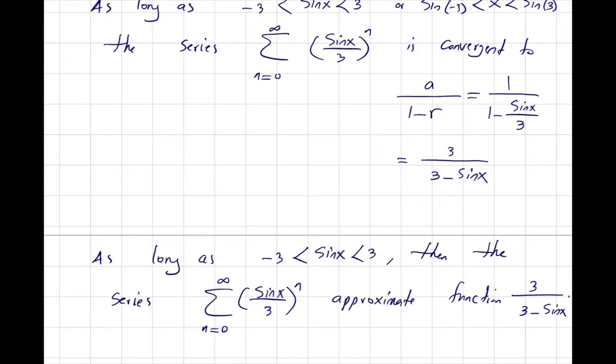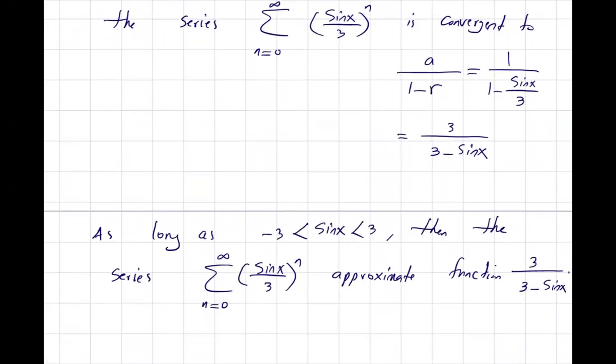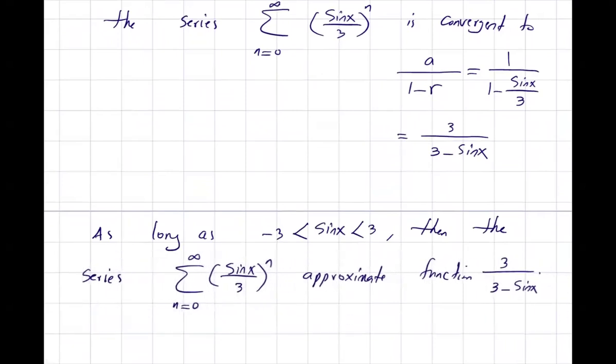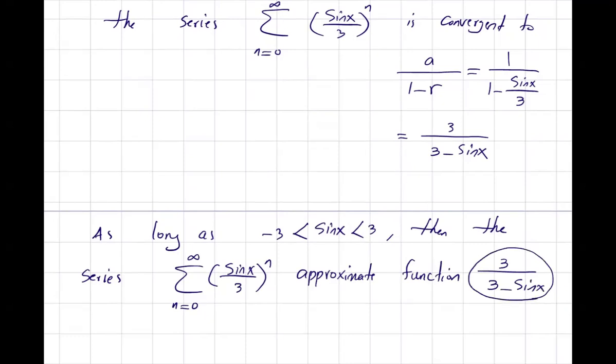So this is the takeaway from finding a divided by 1 minus r: an approximate function. Then we take a look at Desmos to actually visualize what's going on here. Okay, let's take a look at Desmos together.